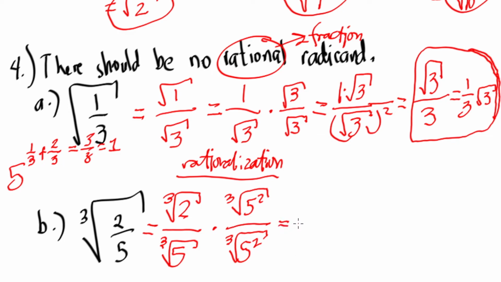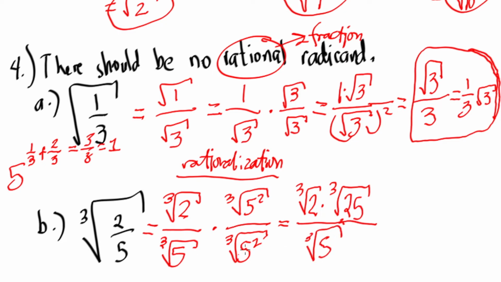So this becomes cube root of 2 times the cube root of 5 squared. Okay, what is 5 squared? 5 squared is 25. And we have a cube root of 5 cubed in the denominator. Why do we have 5 cubed? Because we have a 5 here which is raised to 1 and a 5 here which is raised to 2.